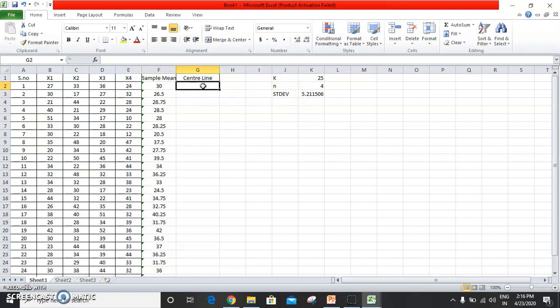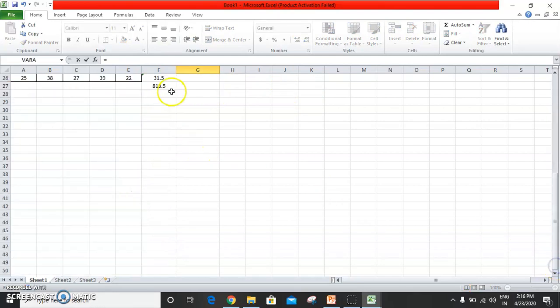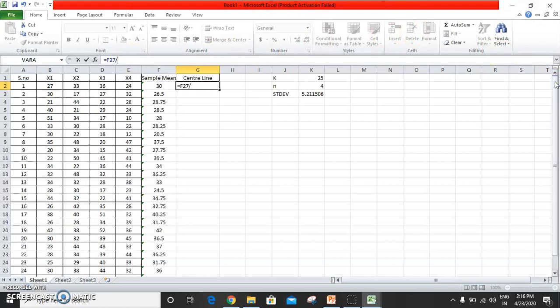Now the formula for the central line is basically you take the sum of the values divided by the total number of samples, that is your k value. So here comes the value for the central line.